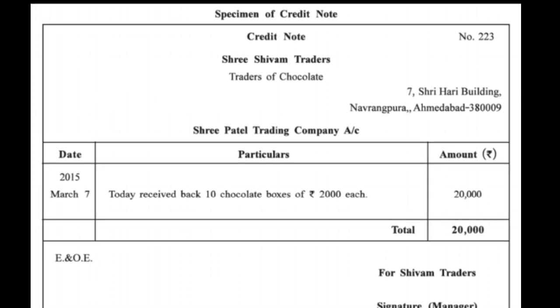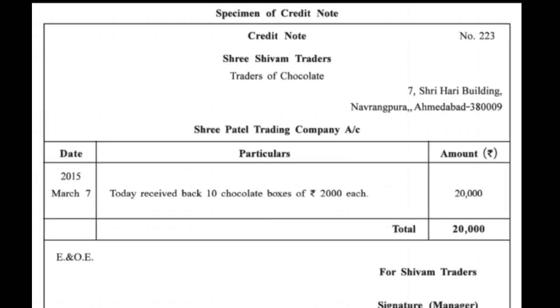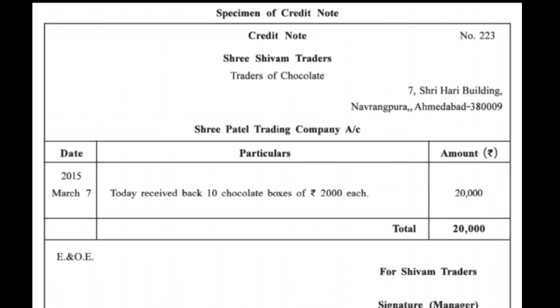So whenever a businessman sells goods on credit, he debits the customer's account and credits the sales account, as we said earlier. Then when the goods are returned, the entry changes: the customer's account is credited, and the sales return account is debited.